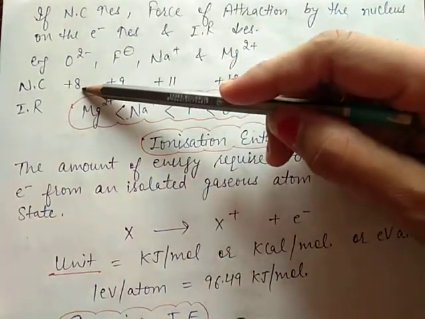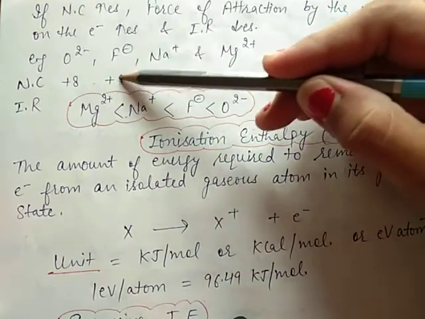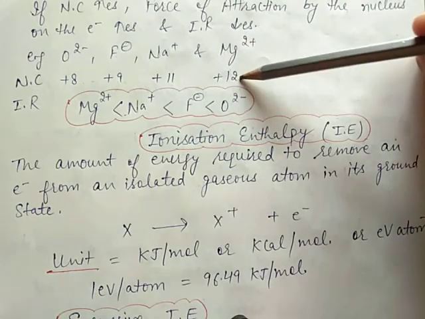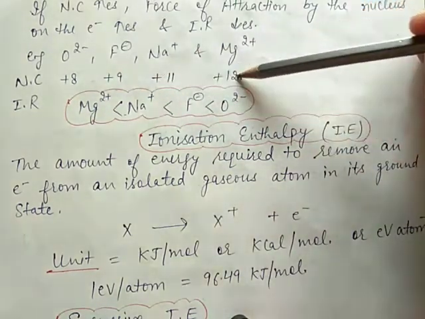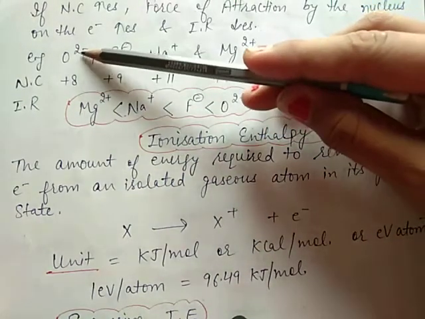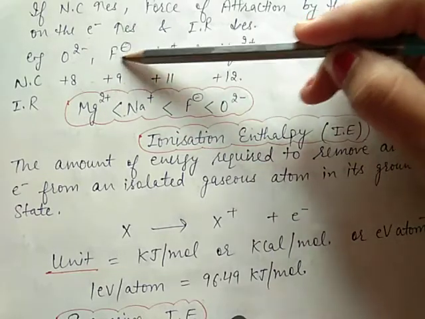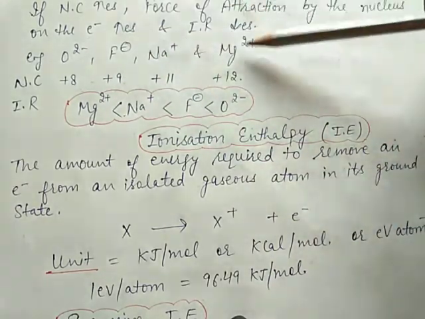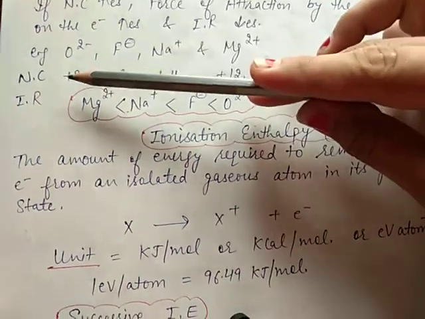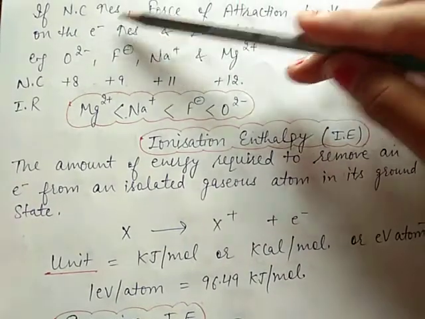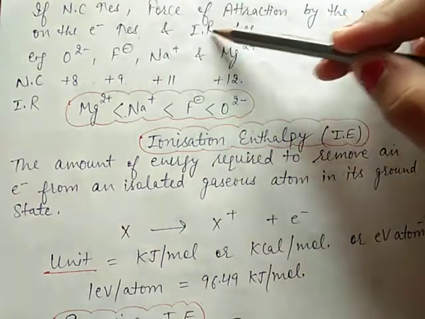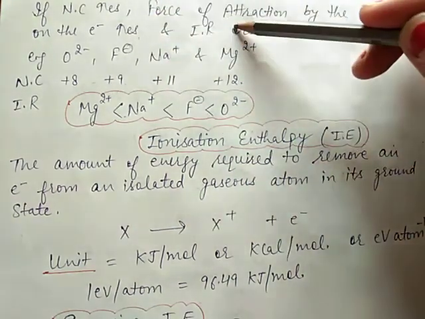Fluorine having plus 9, sodium having 11, and magnesium having 12. These are the simple atomic numbers. The charges are minus 2, minus 1, sodium plus 1, and magnesium plus 2. If nuclear charge increases, then force of attraction by the nucleus on the electrons increases, and ionic radius decreases. It means these are inversely proportional.